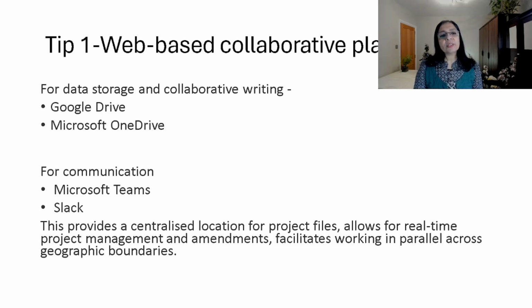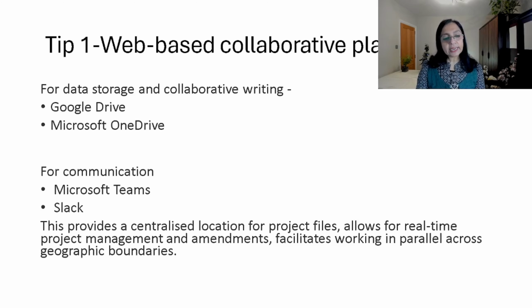First tip is about web-based collaborative platforms. Usually when we do systematic reviews, not only rapid reviews, any systematic review, we need to collaborate with the other members of the review team. So we need a collaborative platform. For data storage and collaborative writing, Google Drive and Microsoft OneDrive are very useful.